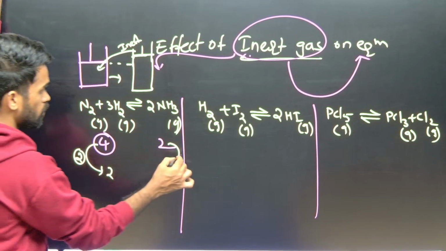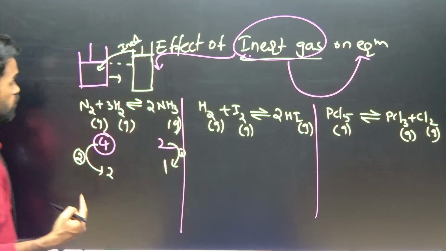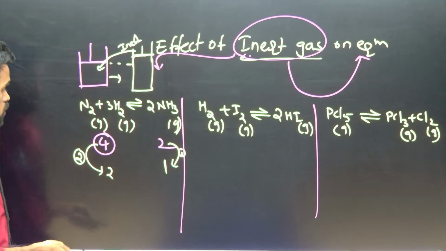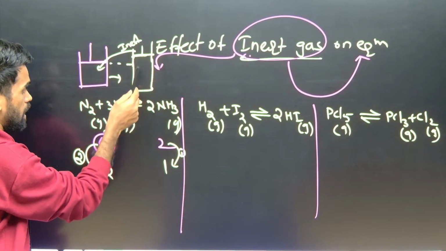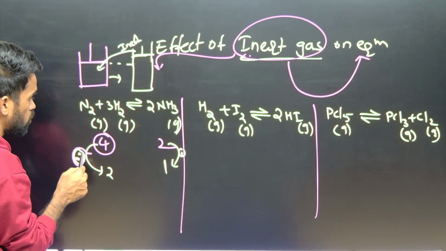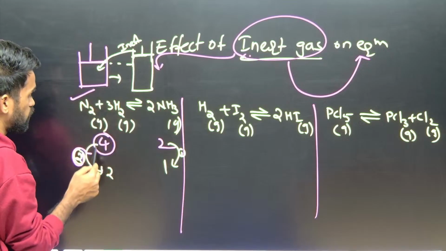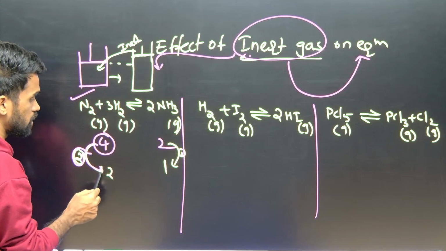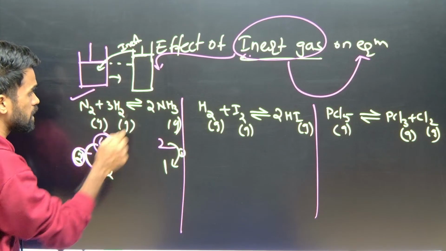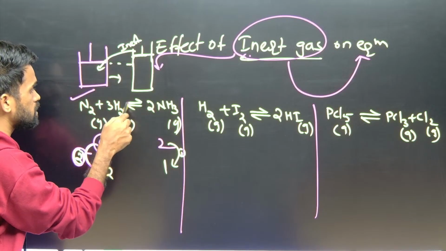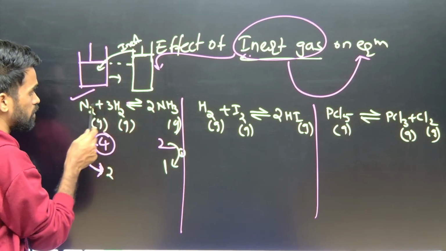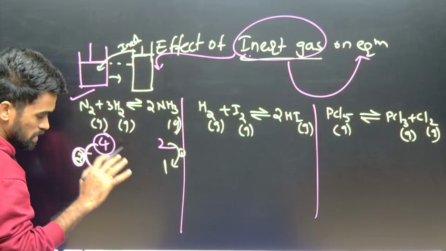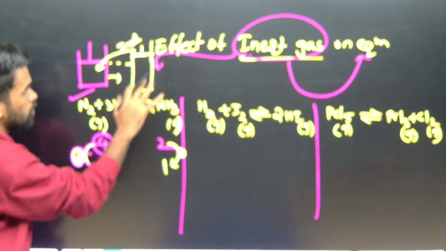What is the decrement here? 1 particle. So where do you see more decrement? When inert gas is added, the change will be more on the reactant side. Therefore it is decreased more on the reactant side, and if it is decreased more, equilibrium shifts to increase it. Therefore equilibrium favors backward.